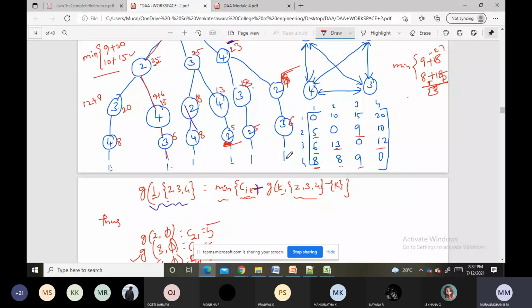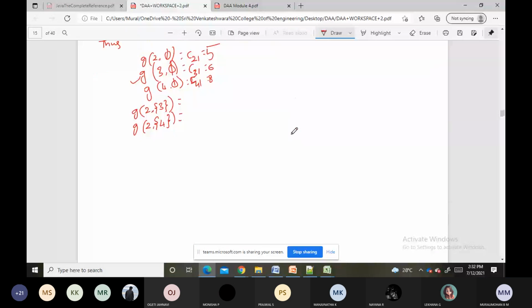Yes or no? So that is C of 2 to 3 plus the cost of 3 to 1. Understood? Okay. Now what is this 2 to 3? C of 2 to 3, you just observe here.